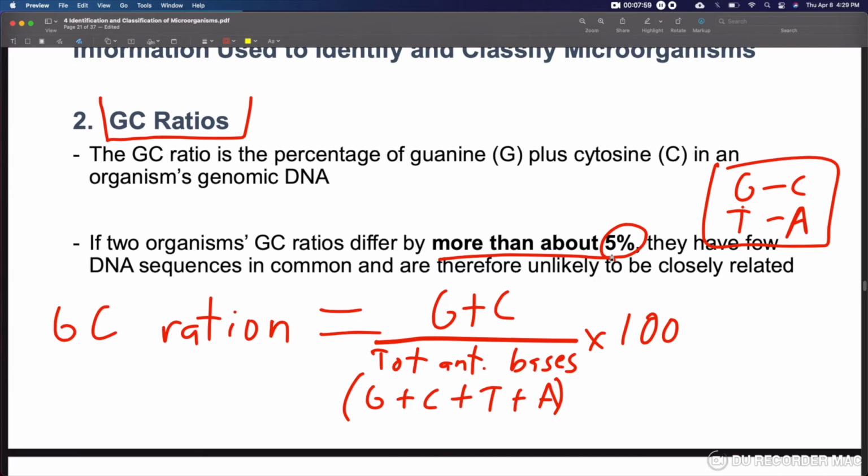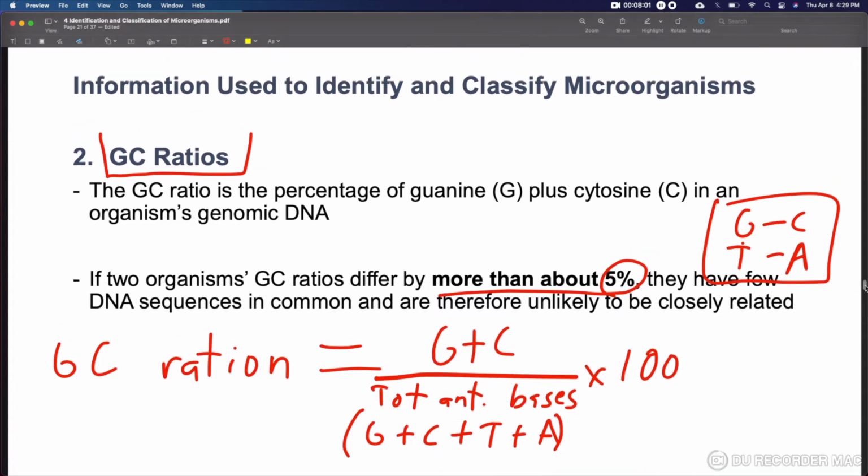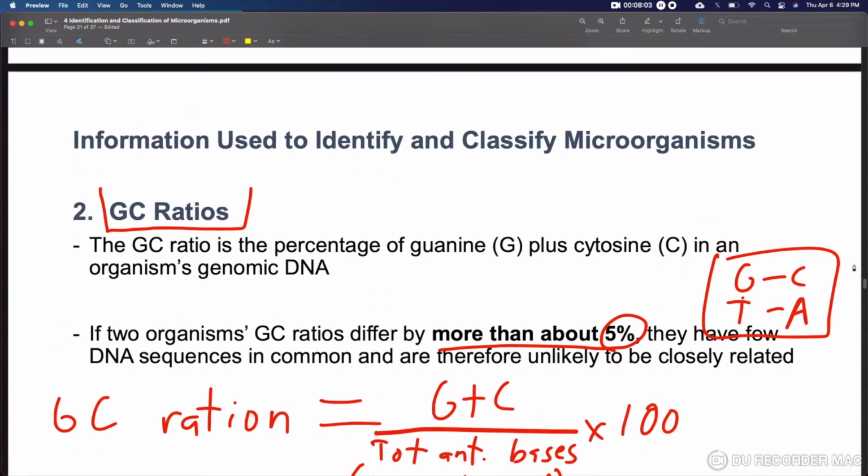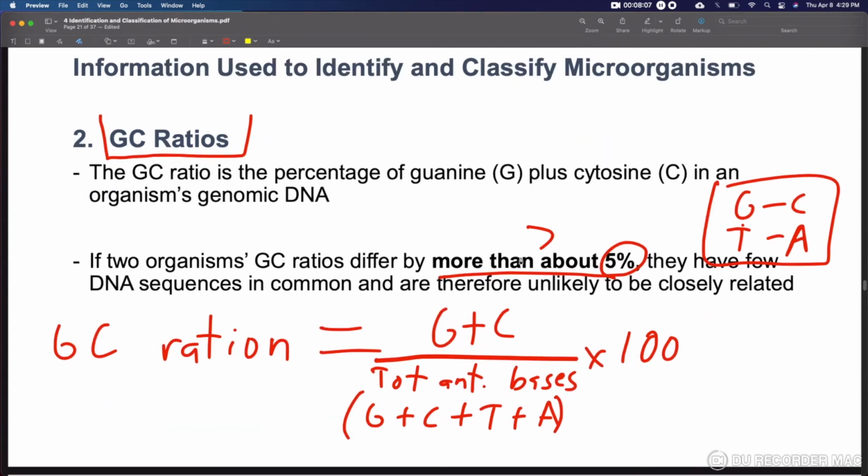So if you have greater than 5% difference in the GC ratio, you can conclude that they do not belong to the same species. So that's how you interpret the results in GC ratios.